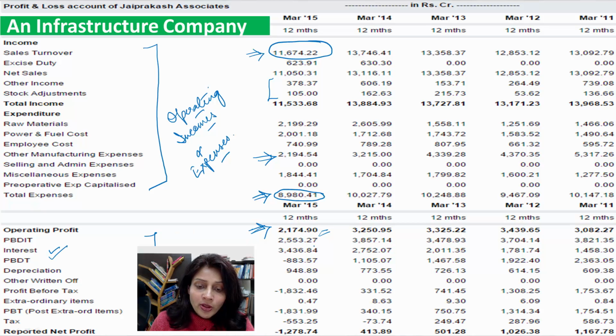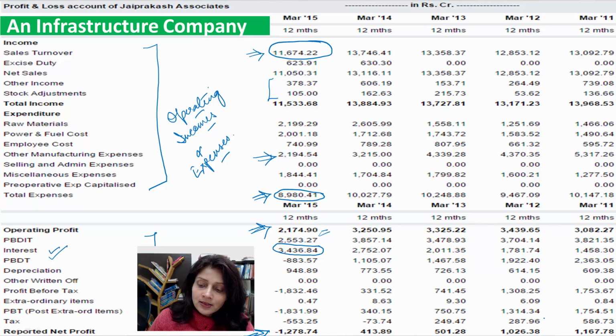Interest is one of the biggest expenses for this company because we saw how huge the debt outstanding is for this company, and while servicing this debt it has to pay interest. So interest is one of the biggest non-operating expenses for this company, and it leads to this company having a negative net profit.